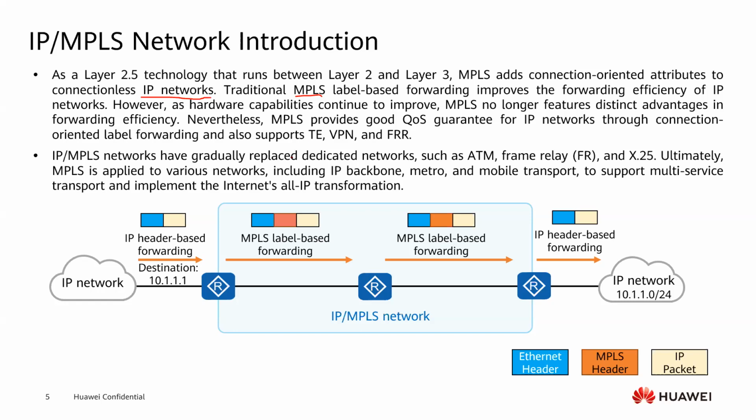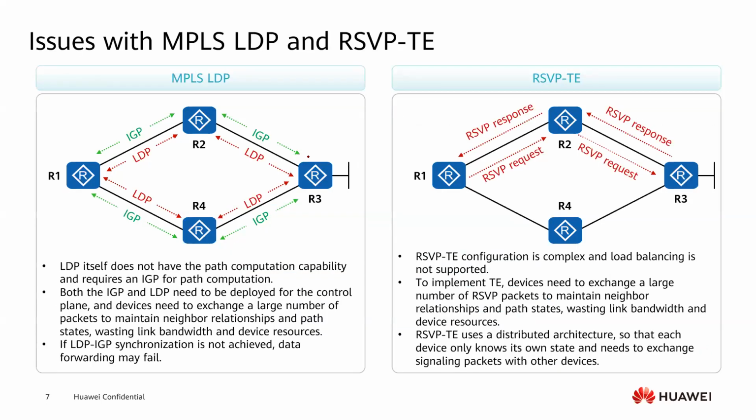But yesterday we said there will be some issues with MPLS, LDP, and RSVP-TE. I will briefly talk about the issues because yesterday we talked a lot about them. First, LDP is based on IGP, so it cannot control the path.